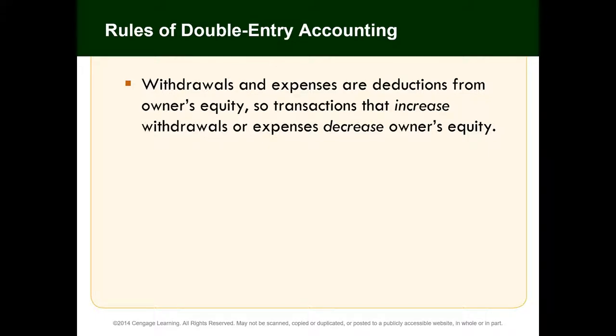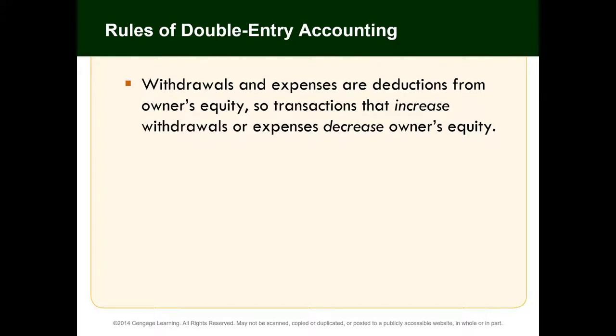Now, if I want to do one for supplies, then you are right. 500 debit for the supplies, and the cash is down for 500. Got that? So the transaction is a purchase of supplies.